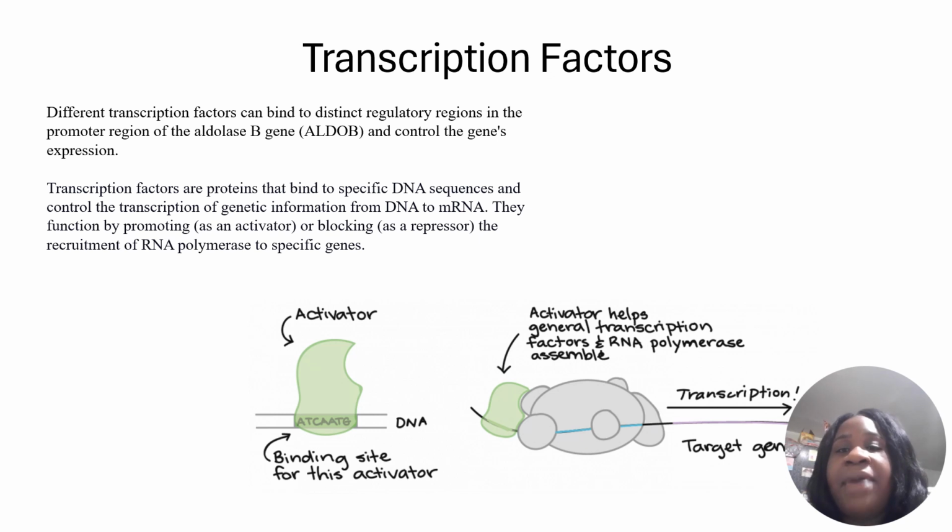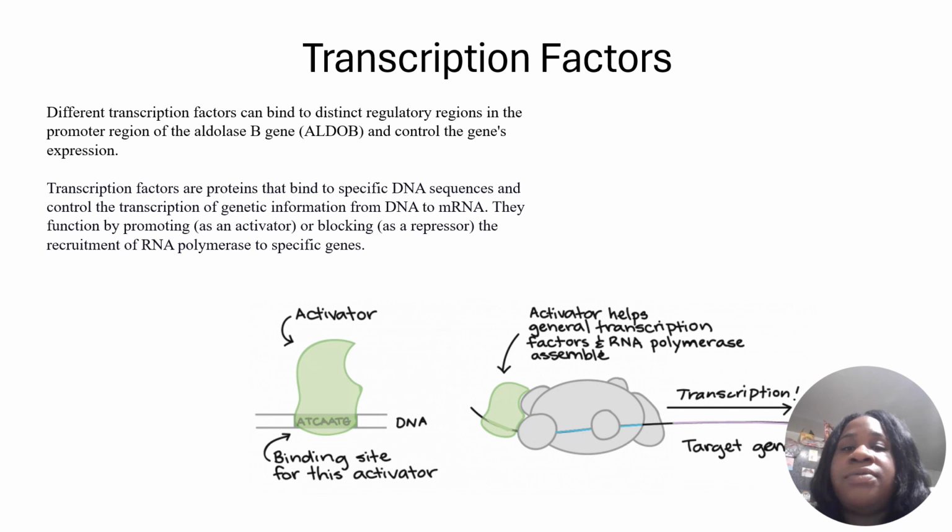You then have CCAAT, or the enhancer binding protein. The enhancer binding protein is a family of transcription factors that regulate various cellular processes, including metabolism, differentiation, and immune responses.